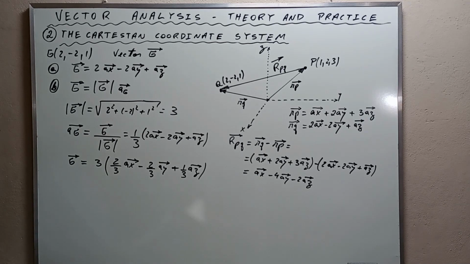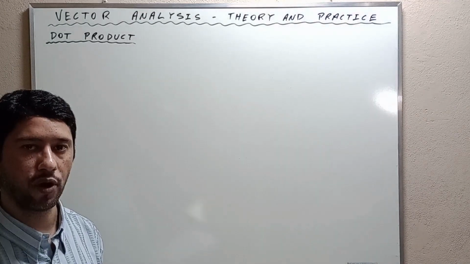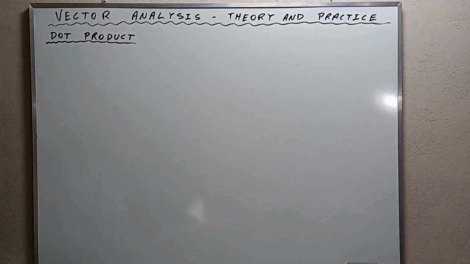Now, let's consider vector multiplication and dive deep into the dot and the cross products. The dot product: given two vectors A and B, the dot product between them is the product of the magnitudes and the cosine of the angle between them.